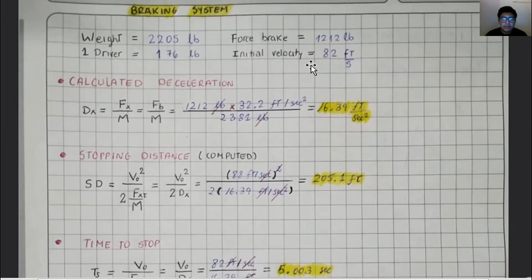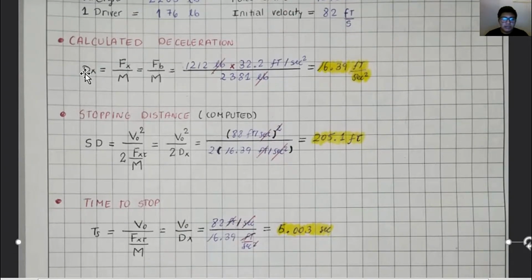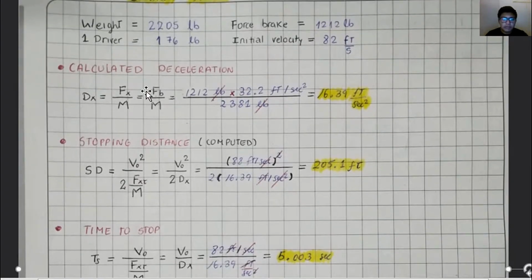First I have to calculate the deceleration. This is a equals Fx divided by m. The total weight is the weight of the vehicle plus the weight of the driver. With respect to the force, this is the working force times gravity. The value is 60.39 feet per second squared.